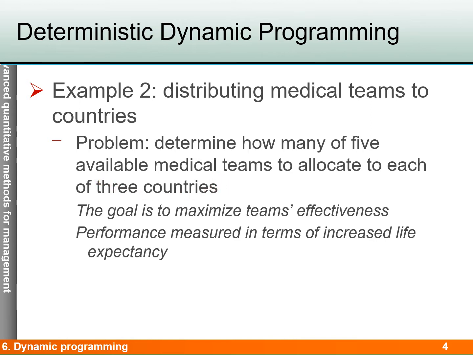In the next slide, we have the detailed explanation of the example, which is deciding how to allocate 5 medical teams to 3 countries to maximize the teams' effectiveness, performance measured in terms of increased life expectancy.